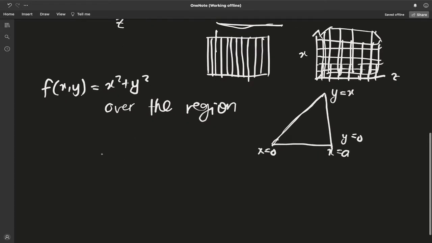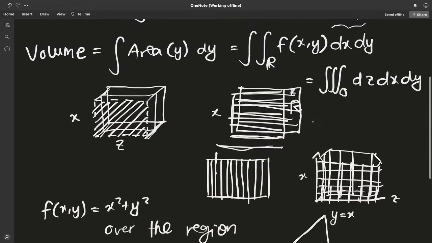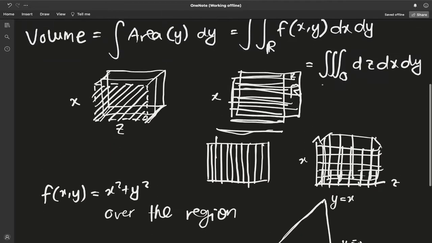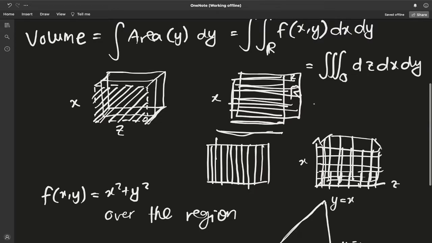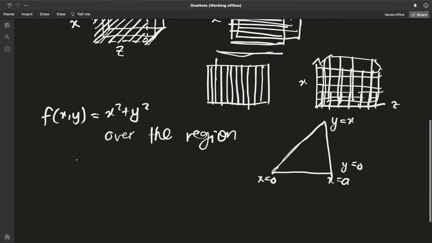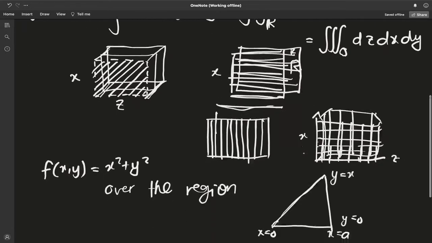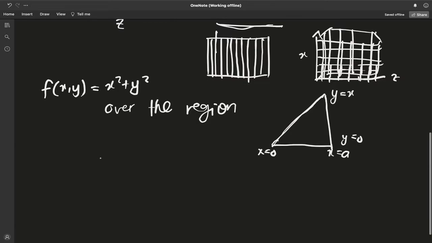To set up this integral, and this is just to prove that you can have a variable in the upper and lower bounds of some nested integral. For example, for the z integral, these upper and lower bounds could have been functions of x and y. It was not necessary that they had to be constants. They were constants because this was a simple cuboid. But let me demonstrate that here.